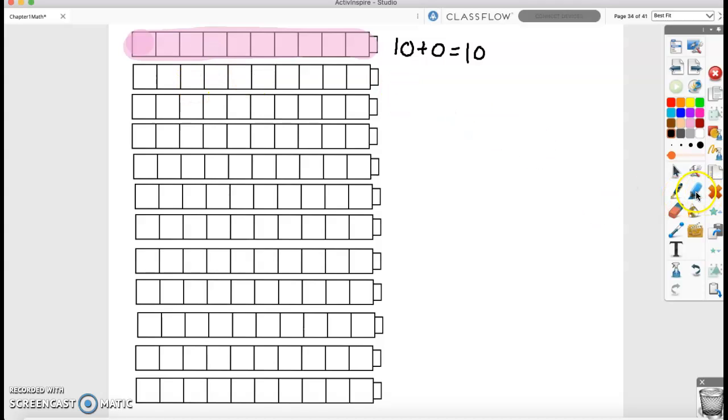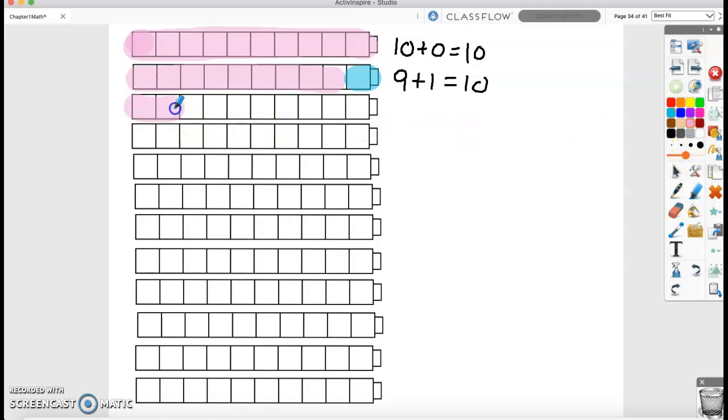Now here's our next one. I'm going to color all of these and 1. So what do you think this number sentence is? If you said 9 plus 1 equals 10, awesome.